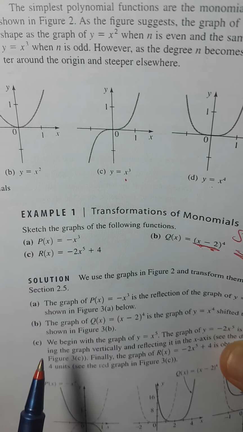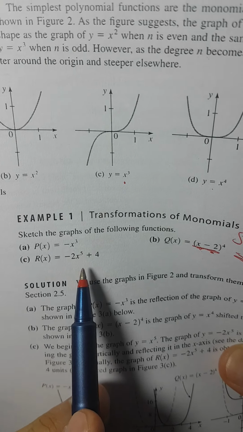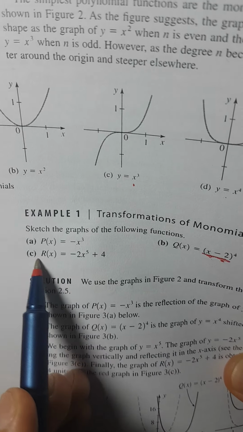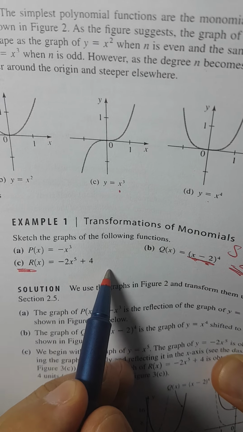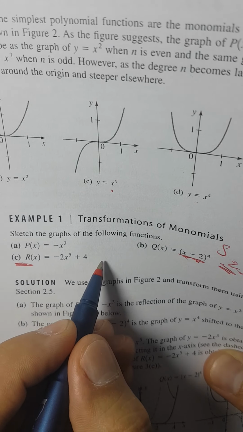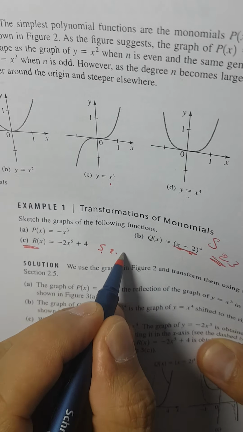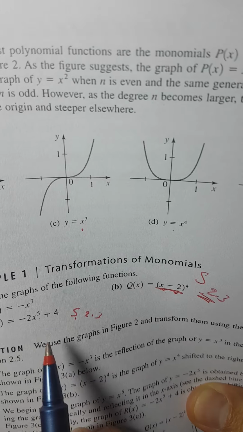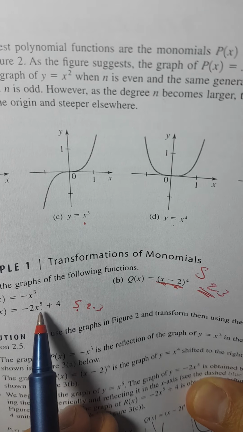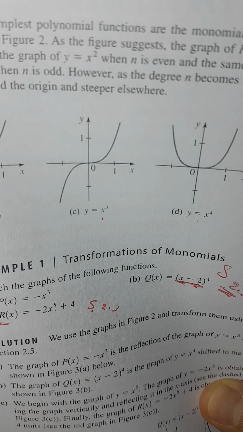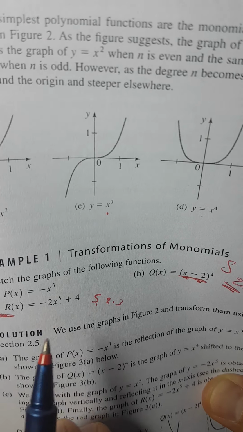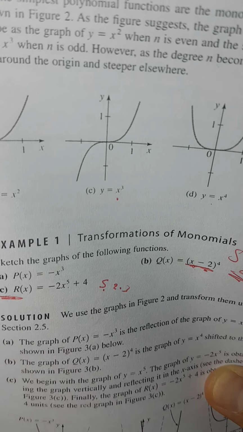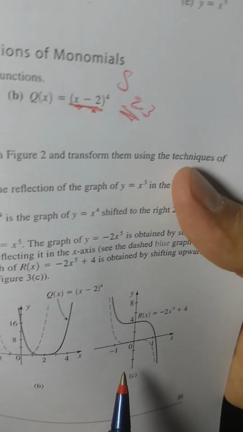The important thing here is example C. It also depends on your background from 2.3, because I have x to the power 5. I know the shape of x to the power 5 is like that, and we have a minus, and the minus will reverse the graph because the minus is outside. We get the reflection across the x-axis, as we have the graph here.